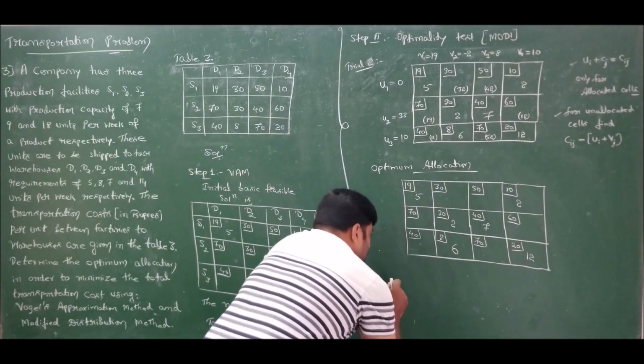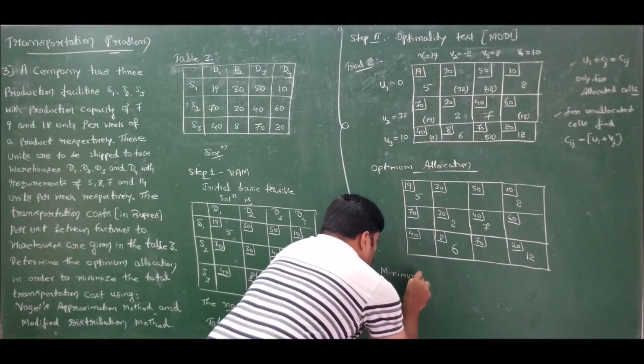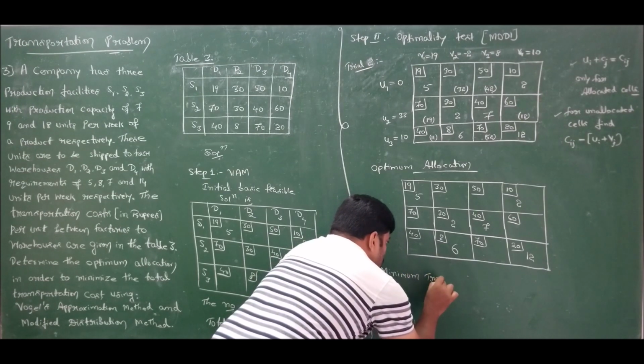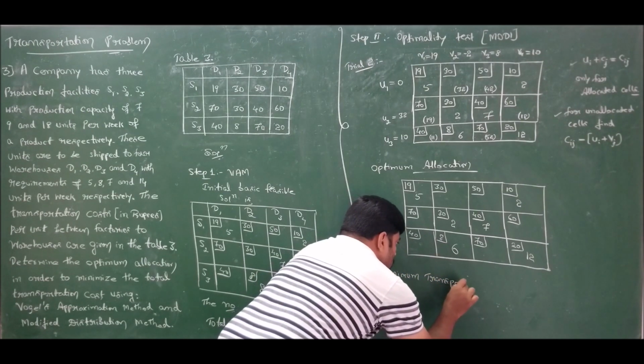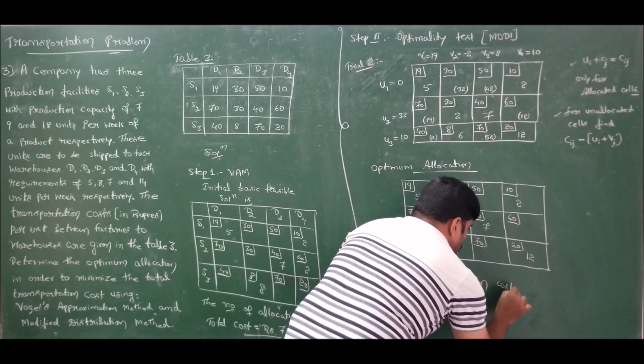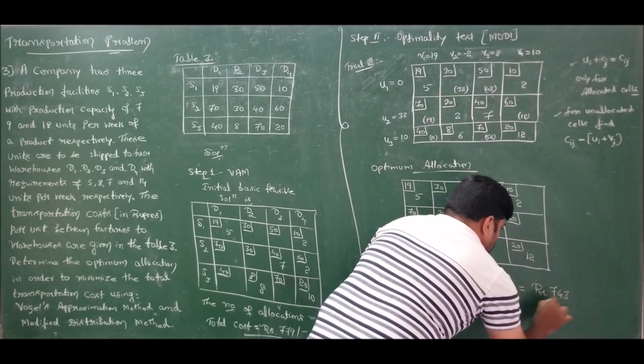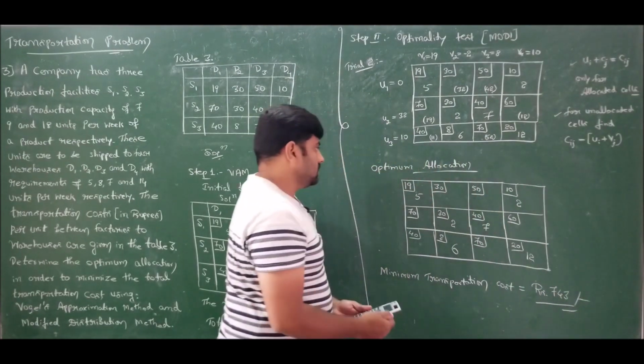And the minimum transportation cost equals rupees 743, right?